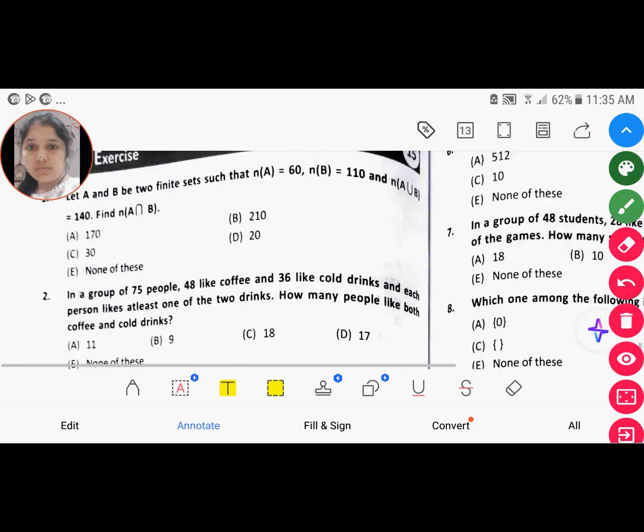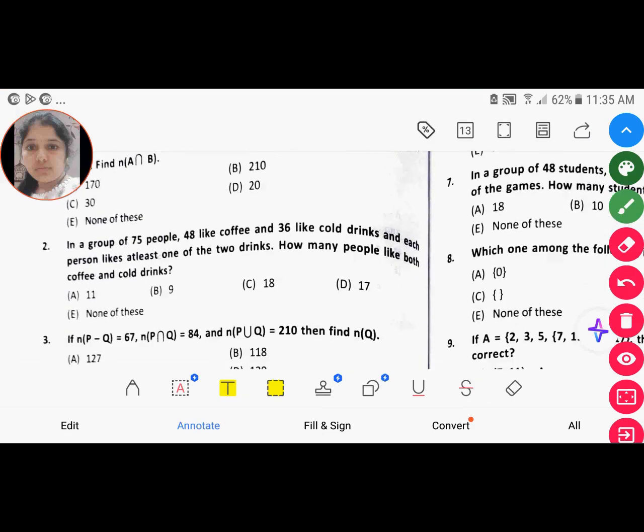Okay. Now a group of 75 people. 48 like coffee, 36 like cold drink. Each person likes at least one of the two drinks. So how many people like both coffee and cold drink?